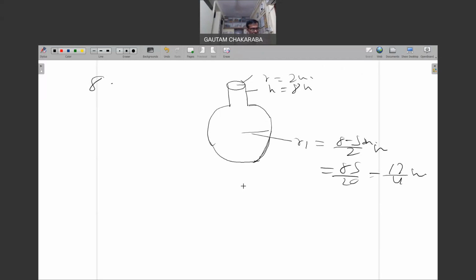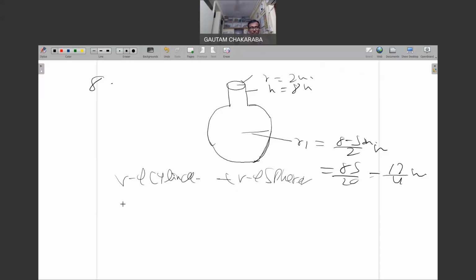Okay. Now the given volume is 345, but it will be checked whether it is correct. So you find volume of cylinder plus volume of sphere, not hemisphere, sphere.